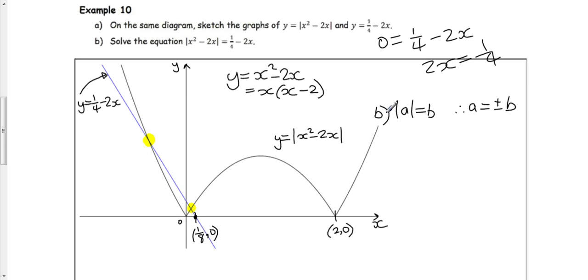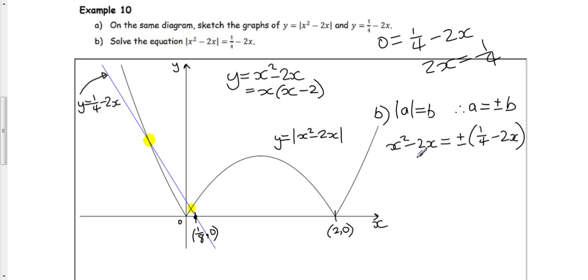If that doesn't make sense with a's and b's, try it with numbers, and hopefully it will make more sense. Let's apply that to this situation then. Inside the modulus, I have x squared minus 2x. Now that must equal, positive or negative, the right-hand side. Note the brackets, they're very important. It's plus or minus the whole of the right-hand side.